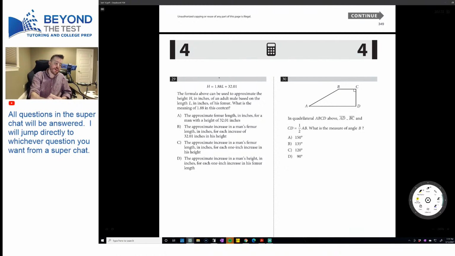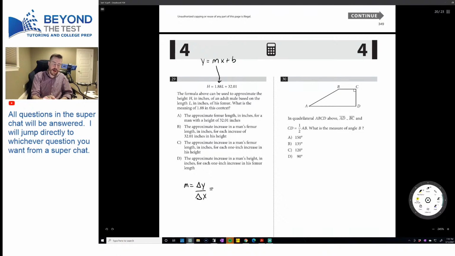Okay, well, look at the 1.88. If you have an equation like y equals mx plus b, the 1.88 is the exact same thing as the slope. Let's think about what slope is for a second. Slope is the change in y over the change in x.